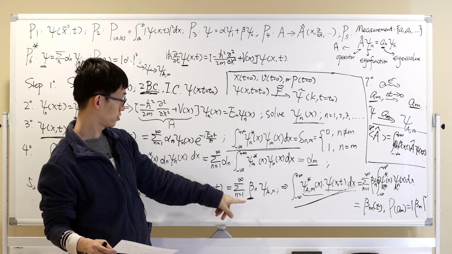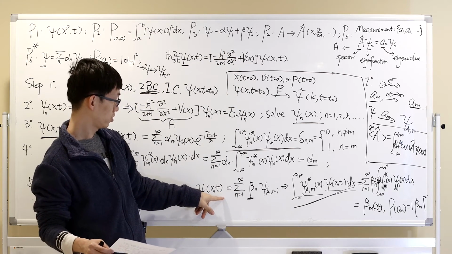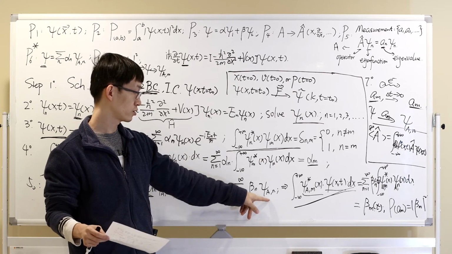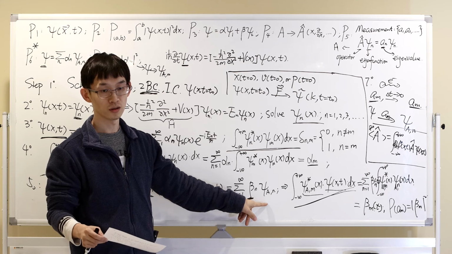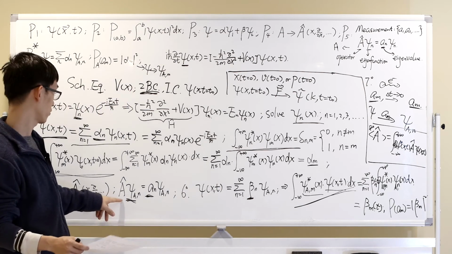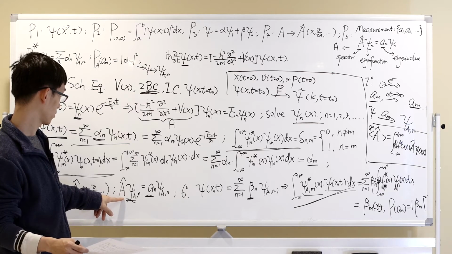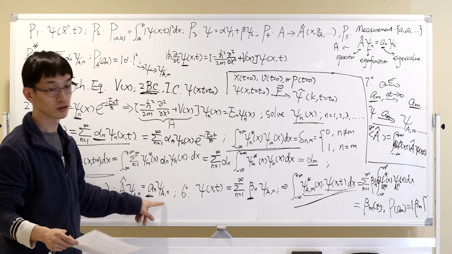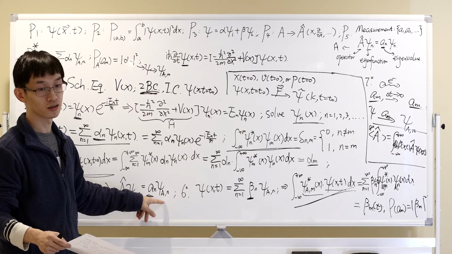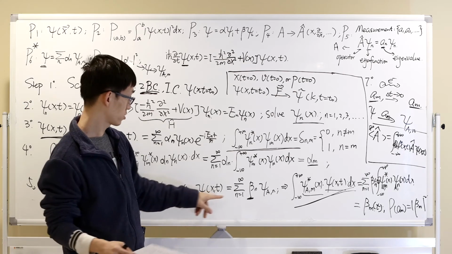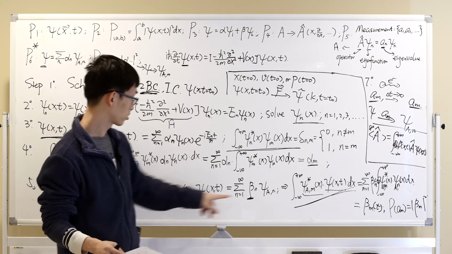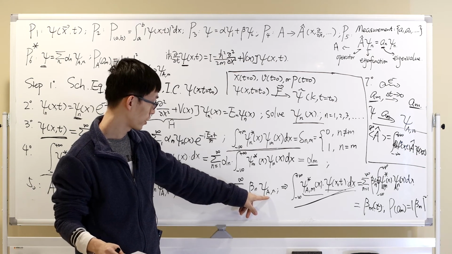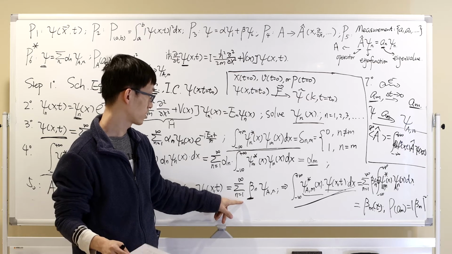Right, because your wave function, you can always decompose into a superposition of all possible wave functions. And you already solved the eigenstate equation, so you get all these eigenstates. Then when you express your wave function in terms of the eigenstates of A, it has to be a sum.